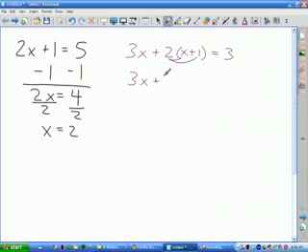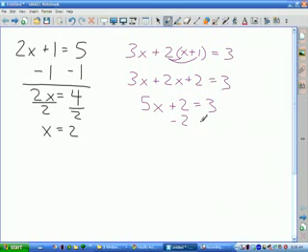So we've got 3x plus 2x plus 2 equals 3, just using distributivity. Then we can combine like terms. This will be 5x plus 2 equals 3. And then subtract your 2. 5x equals 1. And then divide, and you get x equals 1/5.